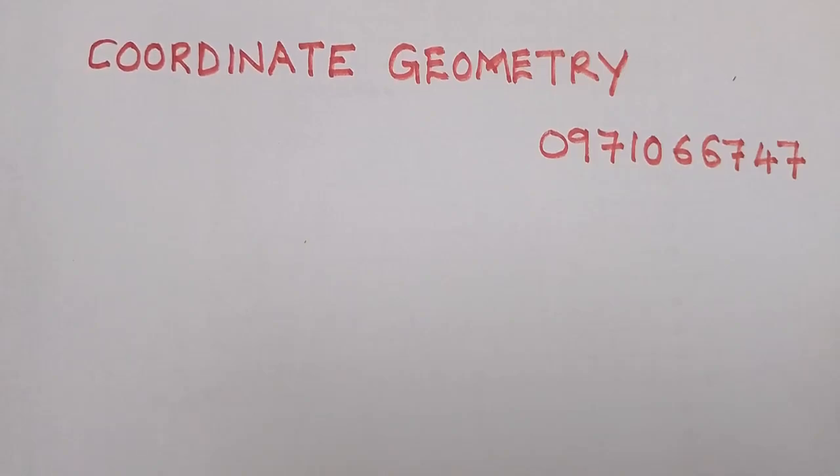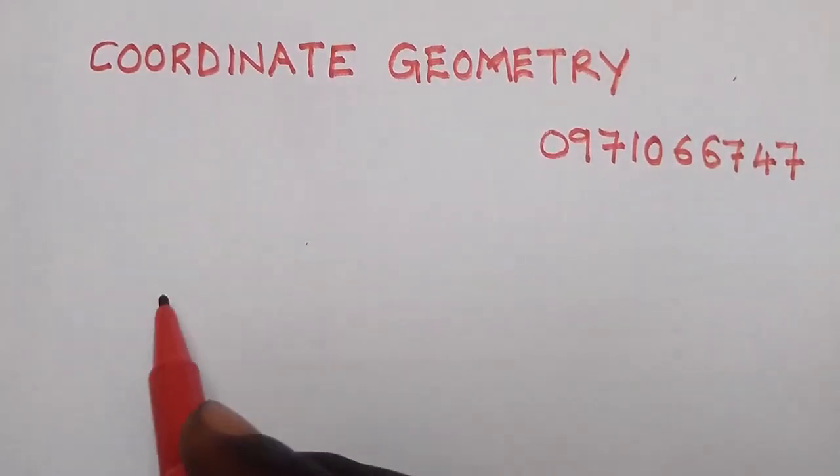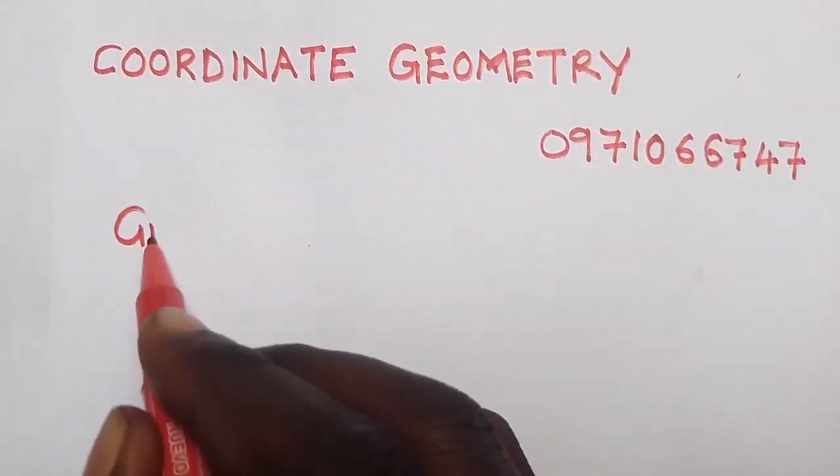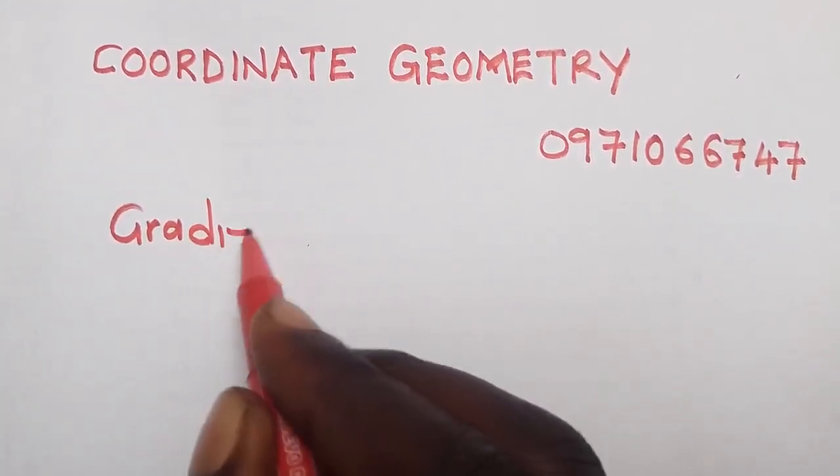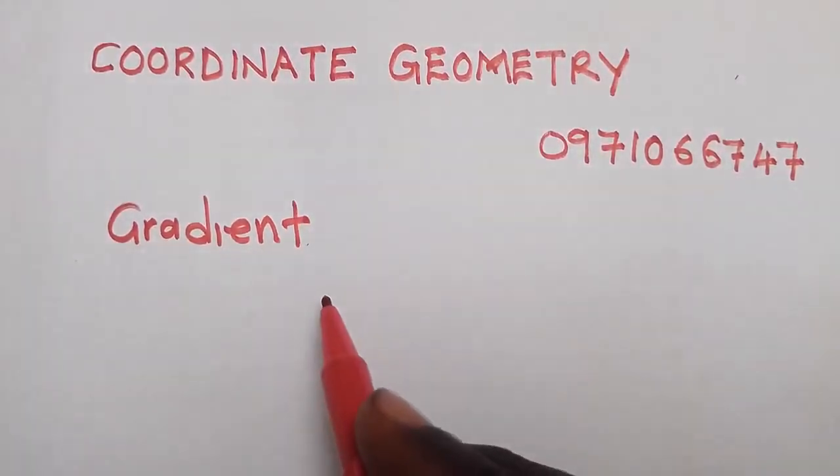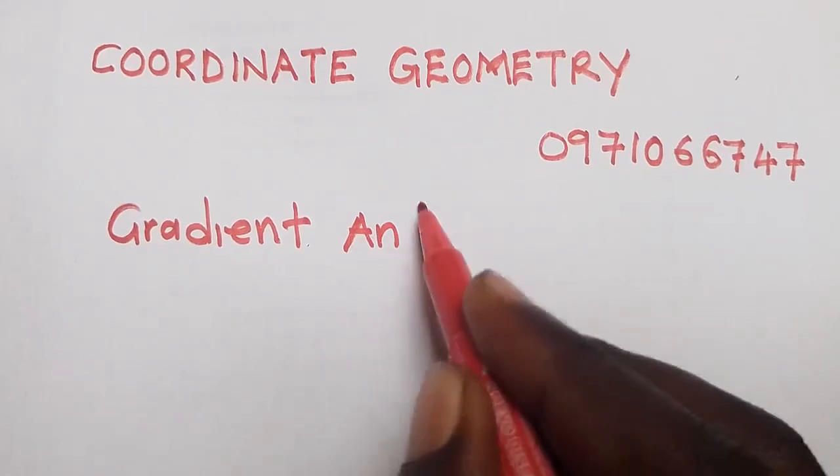So we are talking about coordinate geometry. Under coordinate geometry, there are a few things that you need to know and understand. In today's lesson, we are going to talk about gradient, how to find the gradient. These are two things, gradient and equation.